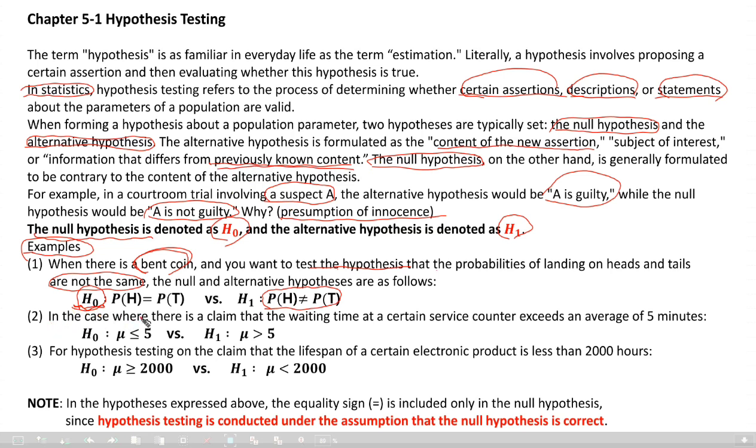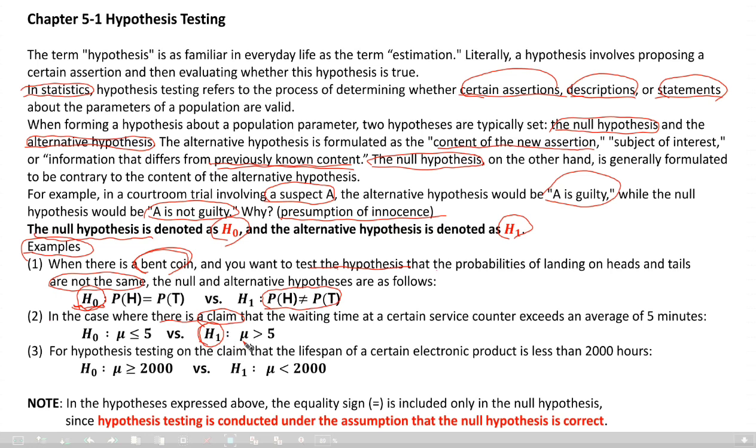In the case where there is a claim that the waiting time at a certain service counter exceeds an average of 5 minutes, there is a claim. The claim is an assertion, right? So exceeding 5 minutes is H1. You had better think about H1, the alternative hypothesis. What is your claim, assertion, description?